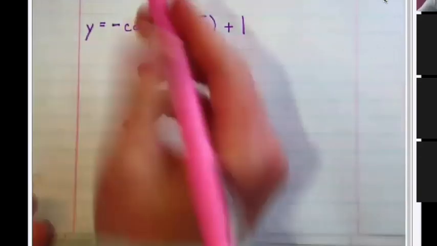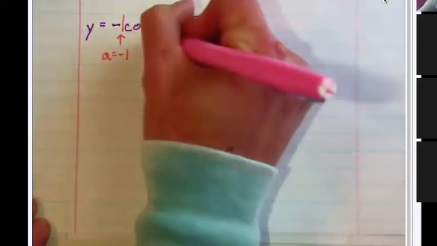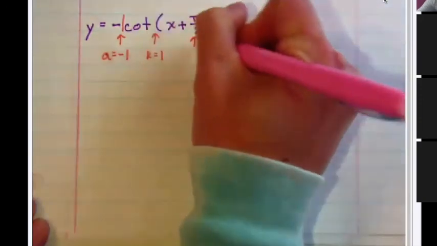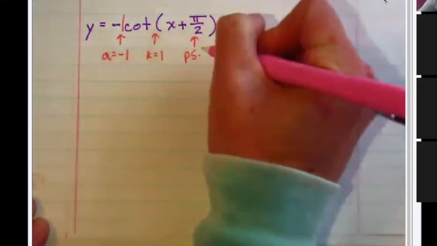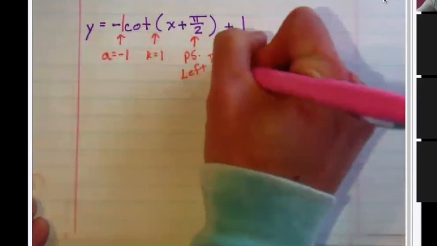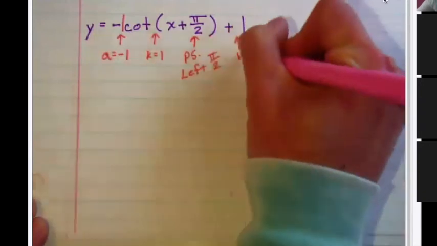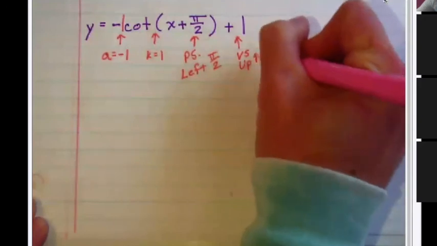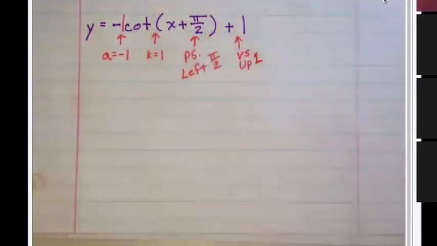Now, my a value here is negative. K is still 1, so my period won't change. This phase shift means I'm going to move to the left pi over 2. And this vertical shift means I'm going to move up 1. So those are all of the pieces that I have to account for.